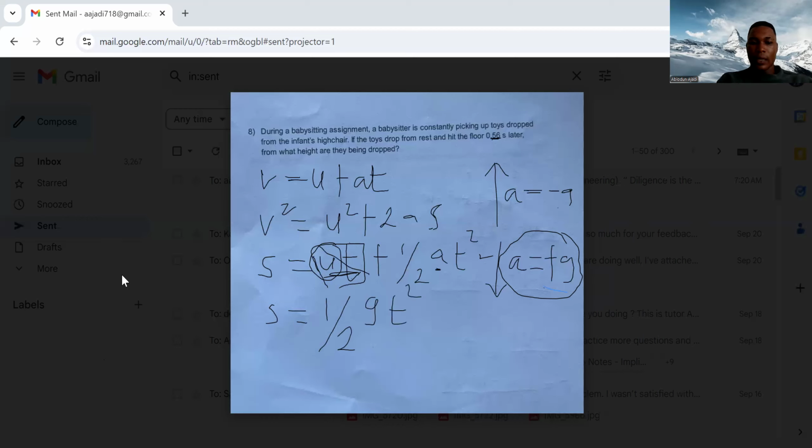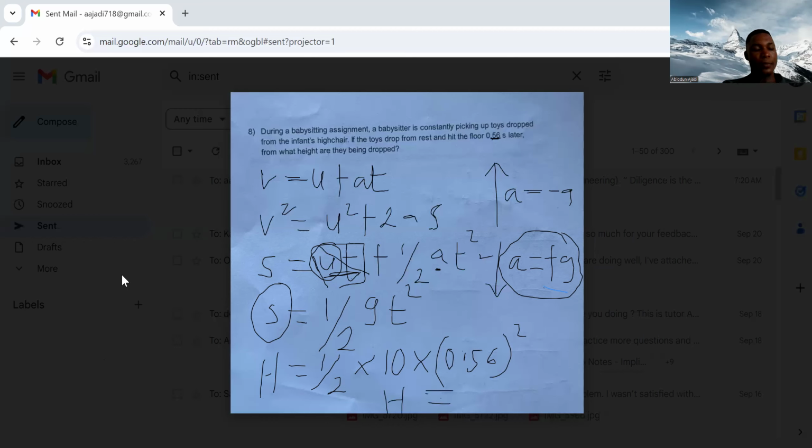Then I'm looking for the height, which is the same thing as S, equals half. I'll be taking my g to be 10. Then the time given is 0.56 squared. Then if I multiply all this, I'm going to have, so half multiplied by 10 is going to give us 5, obviously.